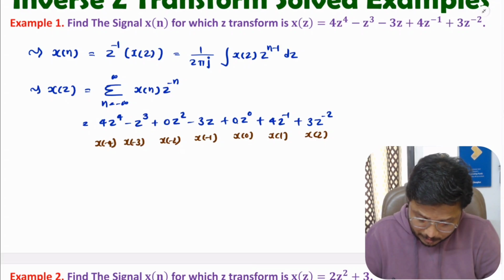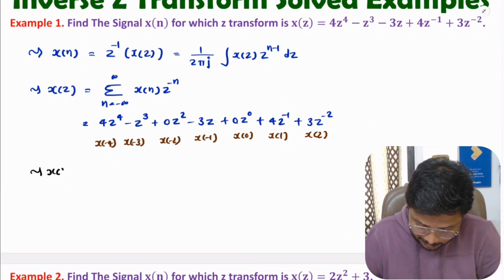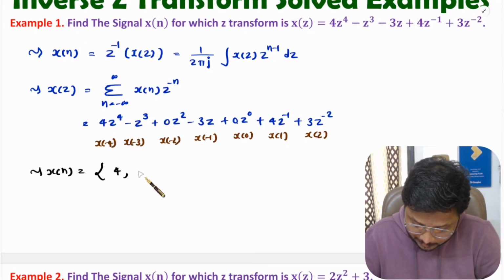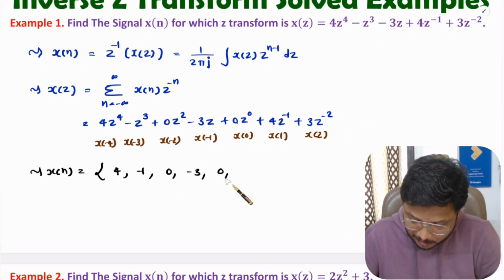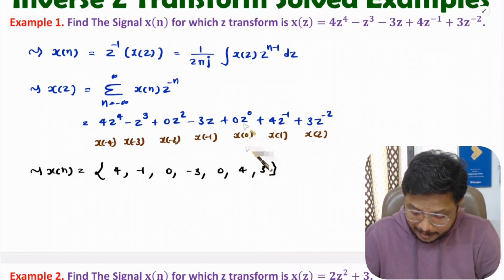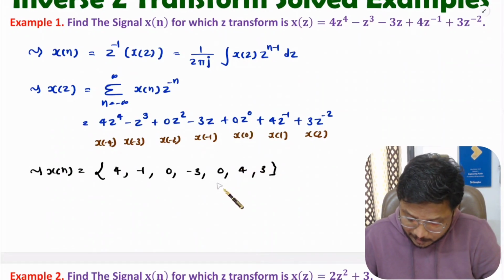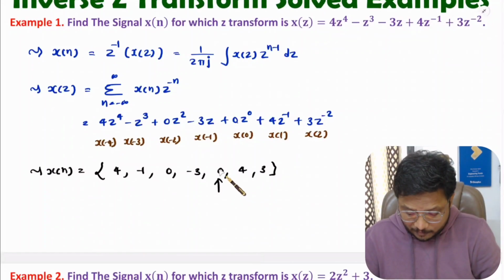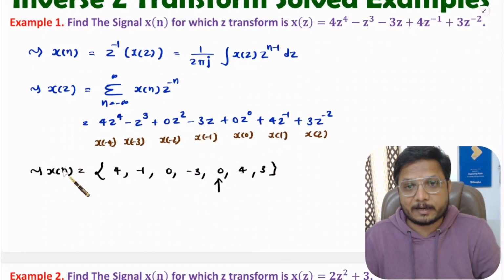So if you want x of n, then that is simply based on these coefficients. Here, the coefficients are 4, minus 1, 0, minus 3, 0, 4, and then 3. And x of 0 is a reference. So over here, I need to indicate an arrow, meaning this is the reference of this x of n, right?